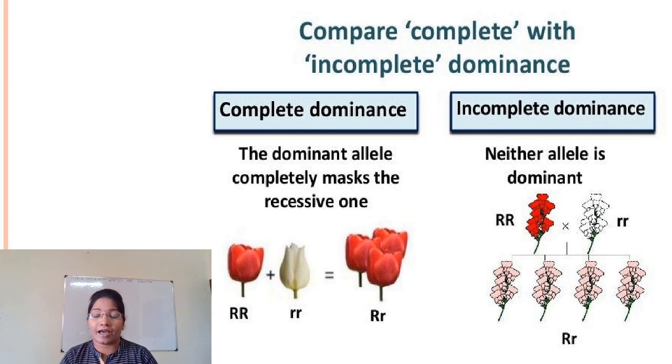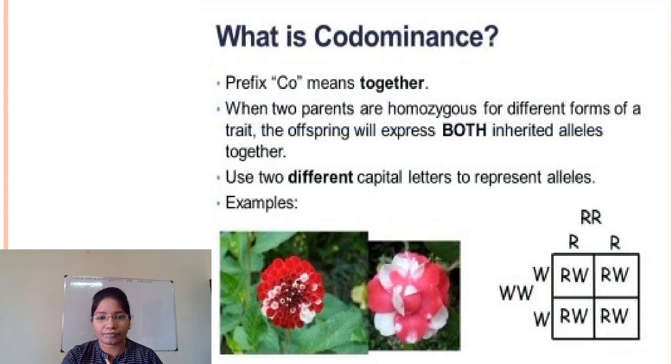So capital R fails to express properly and cannot suppress the expression of the recessive gene, small r, so in the F1 generation or heterozygous condition they produce a different phenotype, the pink variety. I hope you understand incomplete dominance.